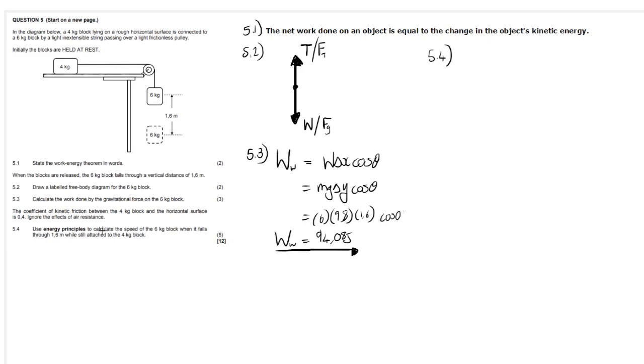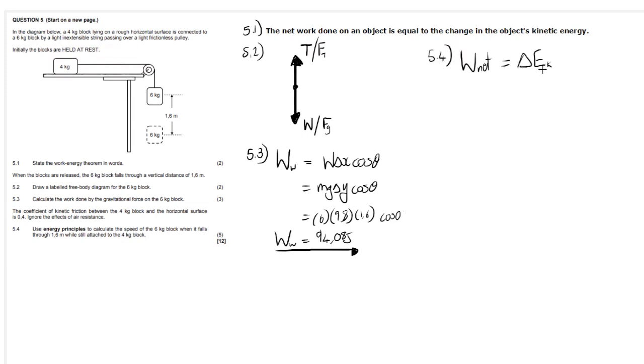Now, using energy principles, I think I remember telling you what energy principles means for us. Energy principles, that is the work energy theorem. That is W net is equal to change in kinetic energy. So, change in kinetic energy, how is that going to help us?